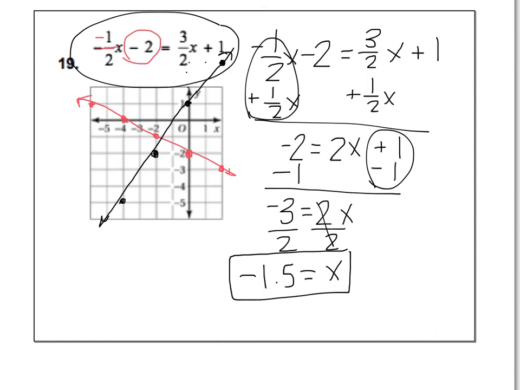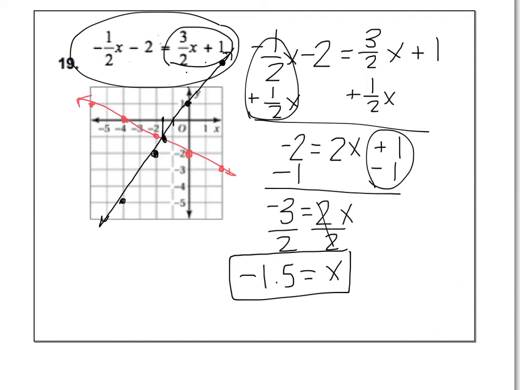You'll notice that if I go back 1.5, that kind of lines up with my point of intersection. So now I have to choose. I can use either of the top equations and plug in for x. So I can choose either the left side or the right side. I'm going to choose the right side.